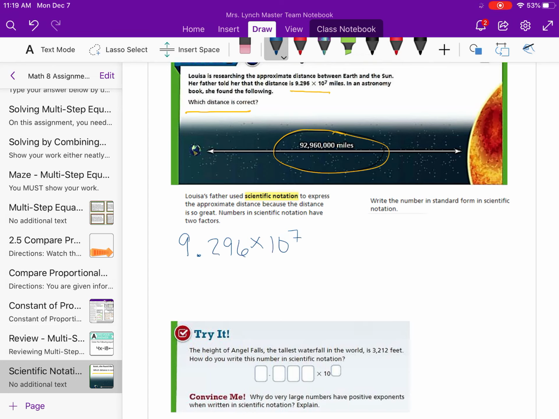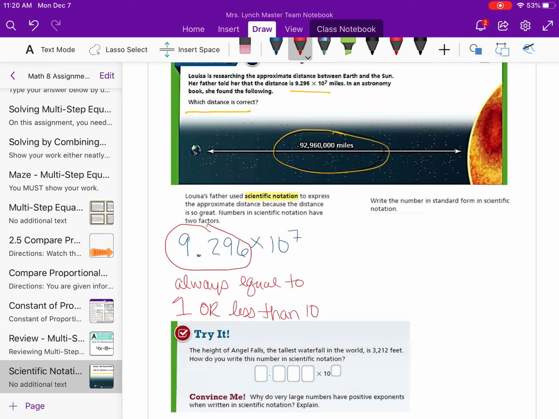Okay, so with scientific notation, it's very important to remember this. It will make your life a lot easier. Whatever the number is that's in front of the multiplication symbol, it will always be equal to the number 1, or it will be less than 10.